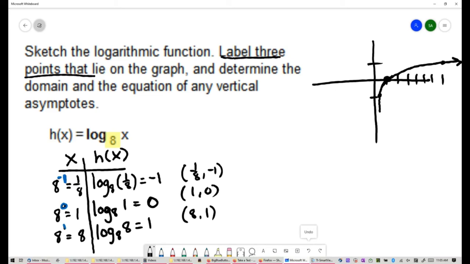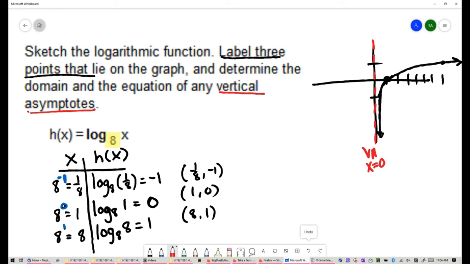This one has a vertical asymptote, which gets closer to 0, but it doesn't stop at 0. So we're going to have a vertical asymptote that happens at the vertical line x equals 0, which is one of the things that they asked us about here.